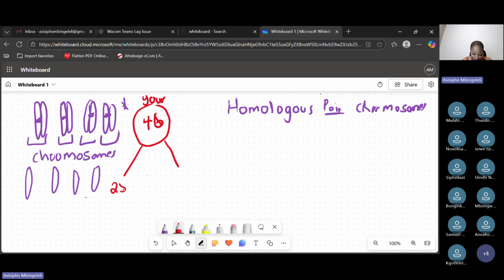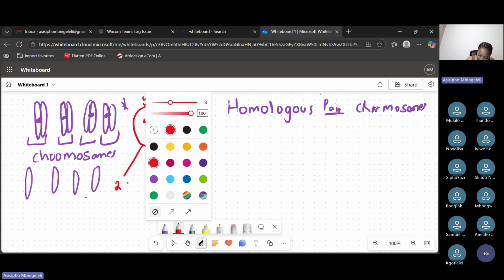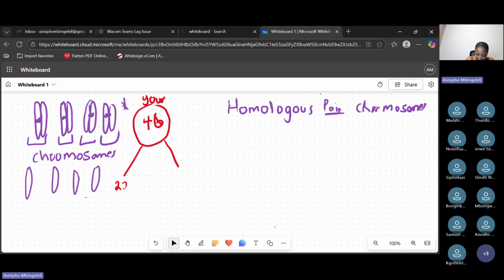So from the 46 chromosomes that you have, you inherited 23 chromosomes from the mother, and another 23 chromosomes from the father. That's it. You don't inherit more from the other parent.